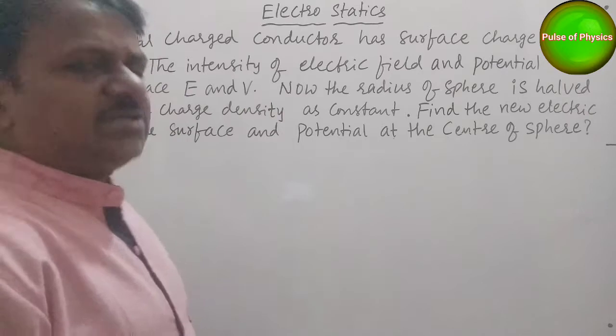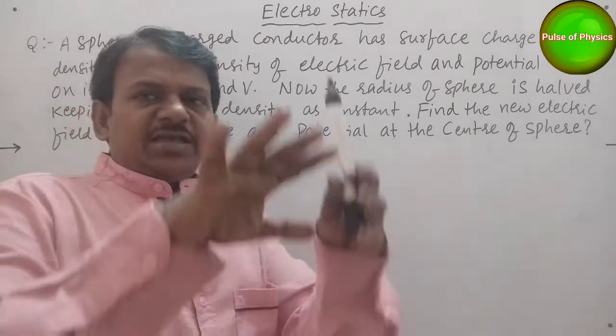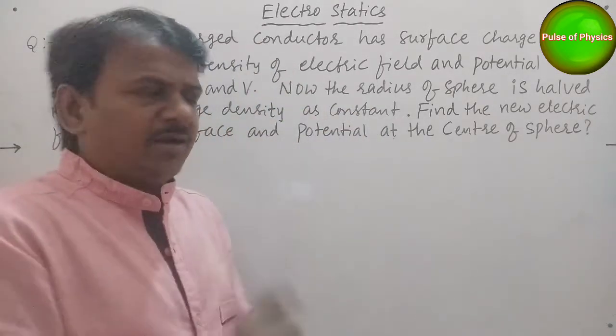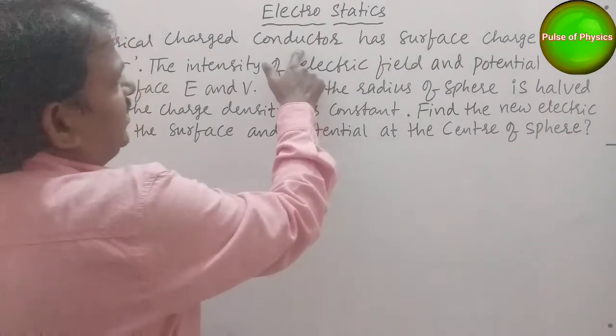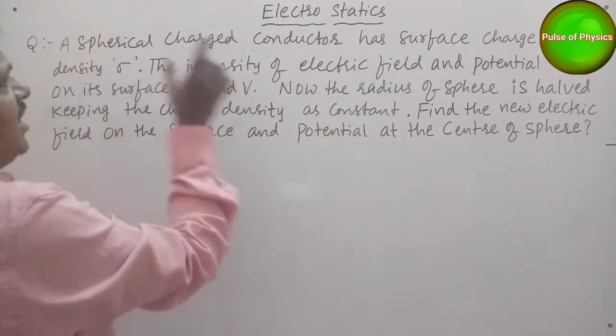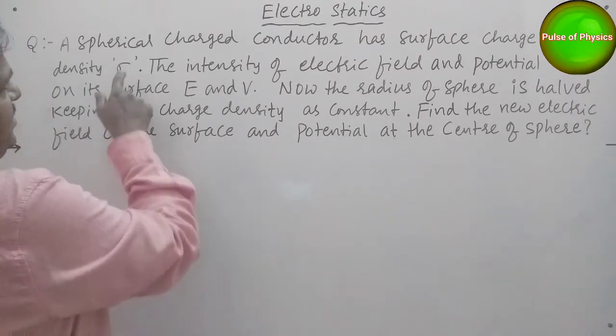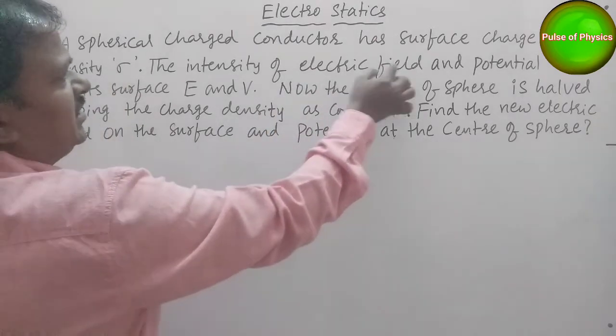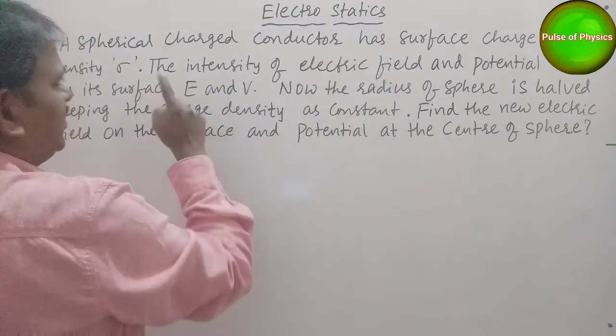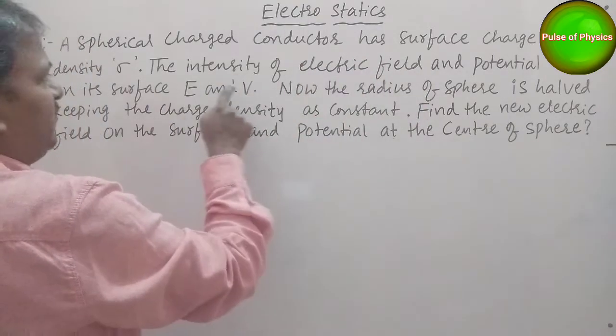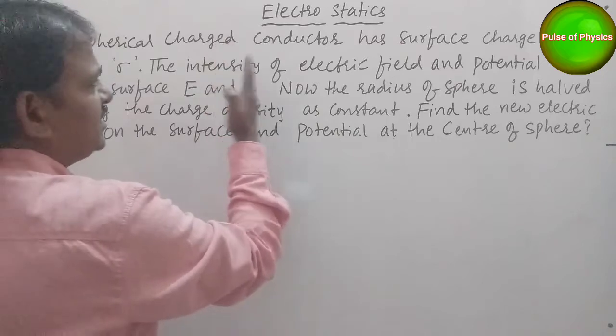How to approach this problem? First, a spherical charged conductor of radius r is there. Let us assume the charge density on it is sigma, the intensity of electric field is E and the potential is V on the surface. This is the given data.